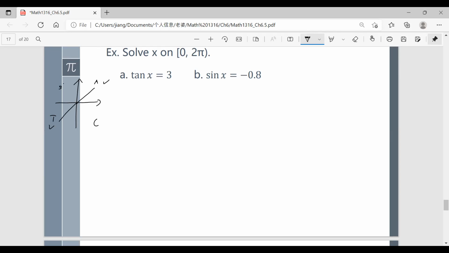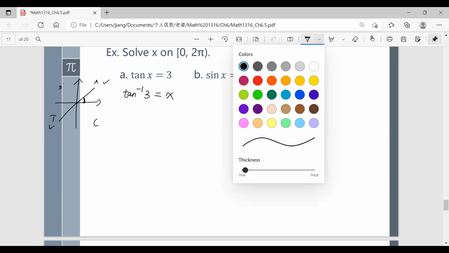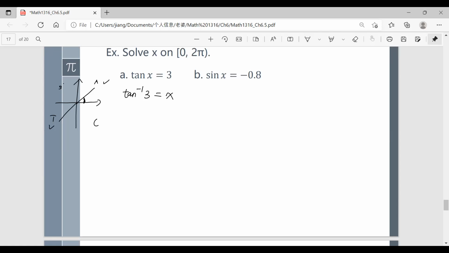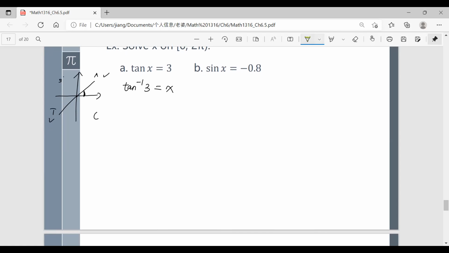But our calculator only gives our answer for this angle. Why? Because the inverse tangent only gives values from here to here. In the fourth quadrant it is a negative angle, in the first quadrant a positive angle.